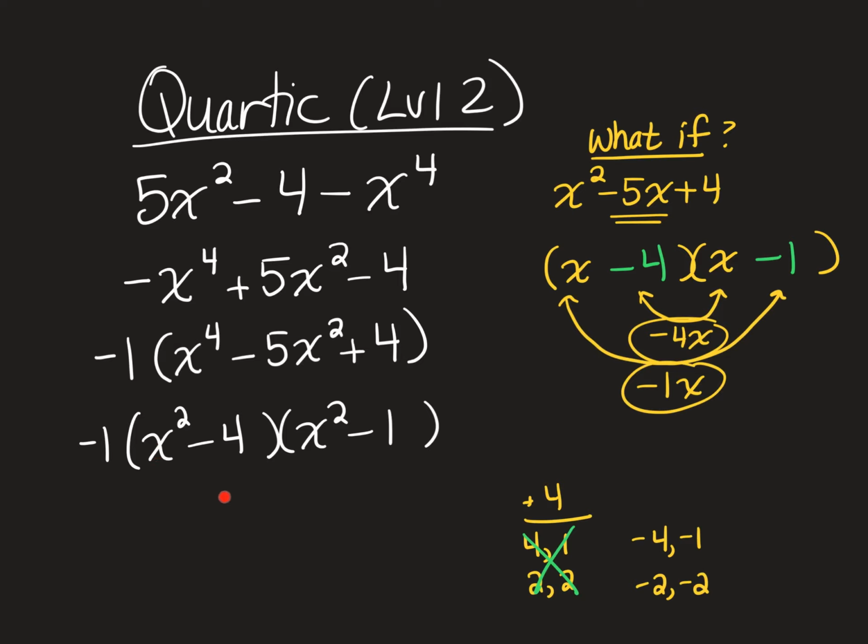If I multiply x squared times negative 1, I get negative 1x squared. If I multiply negative 4 times x squared, I get negative 4x squared. And when I add those together, I get negative 5x squared. So the reason we use x squared and not x cubed and x to the first is so that our middle terms are going to add up to that squared term that we need.